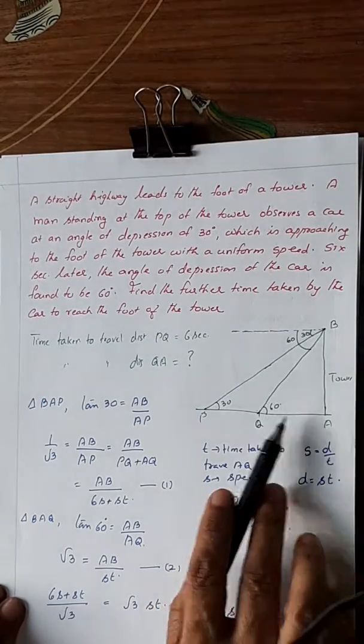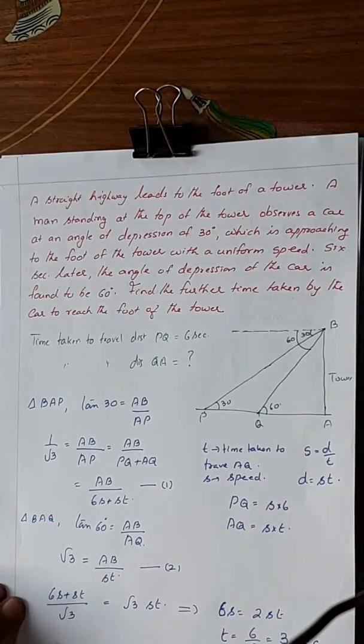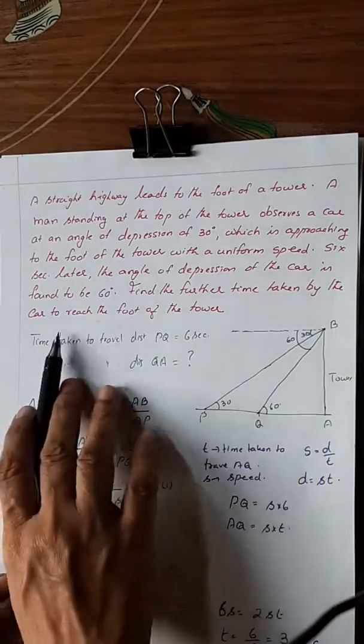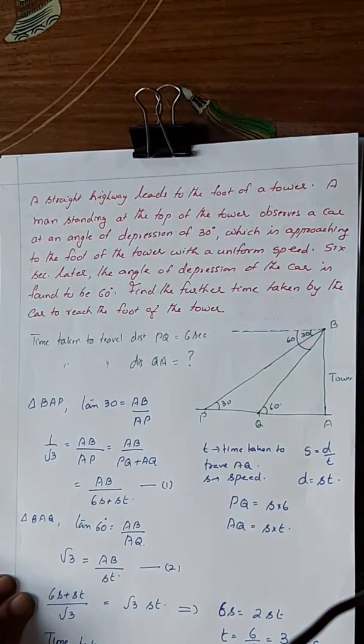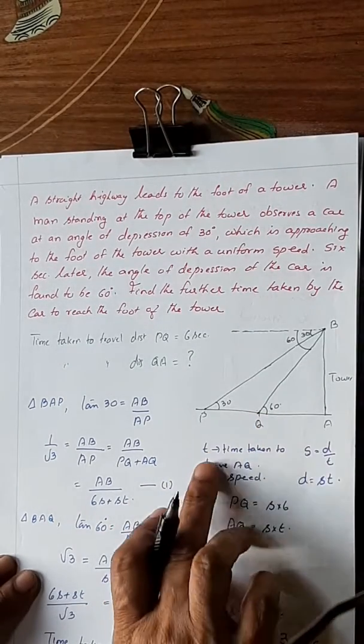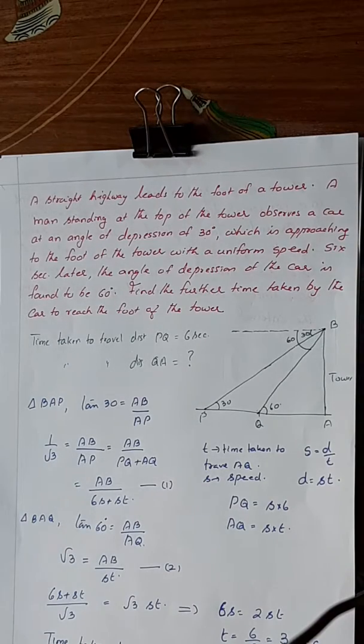Now we can find the time taken from Q to A. We got the time taken to reach A from Q is 3 seconds, because T is the time taken to travel AQ.